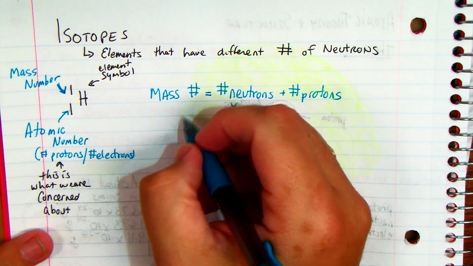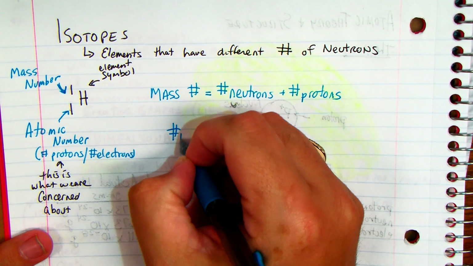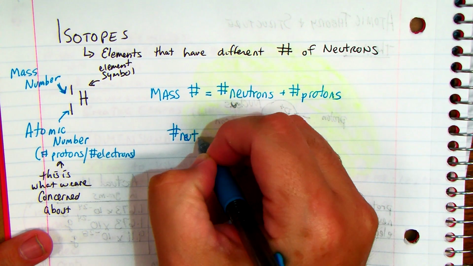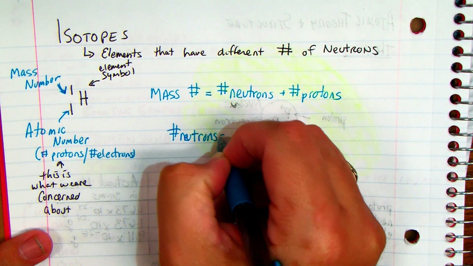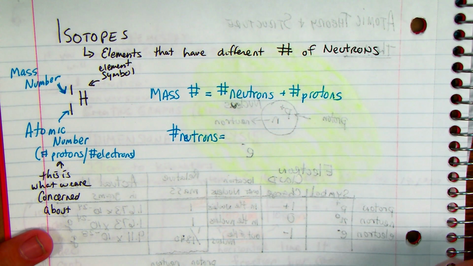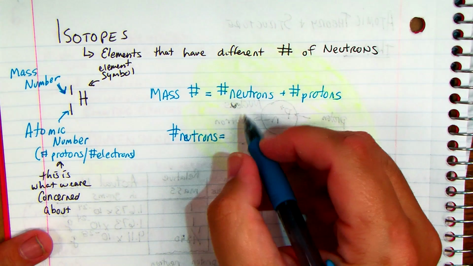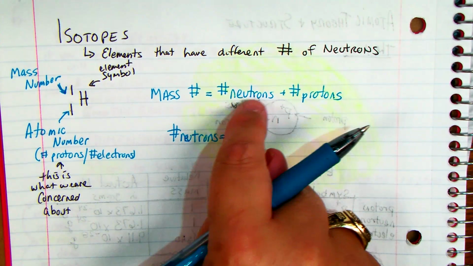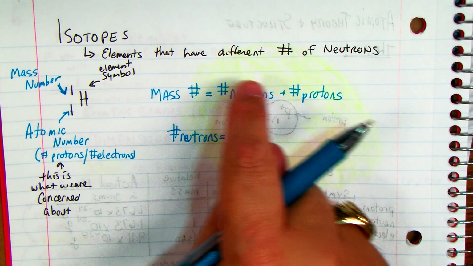Namely, if I say the number of neutrons is equal to something, what's it going to be equal to? Well, think of this as an equation. I want that, I know this, I know this.